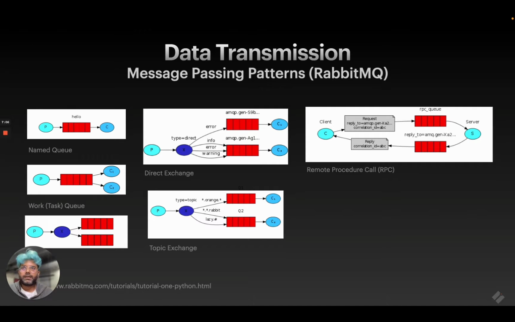So in this direct exchange example that we see here, the publisher is publishing logs of different levels, and the exchange has been configured to send the messages that have the routing key of error to a different queue, whereas the messages that contain routing key as info or error or warning can go to a different queue altogether.